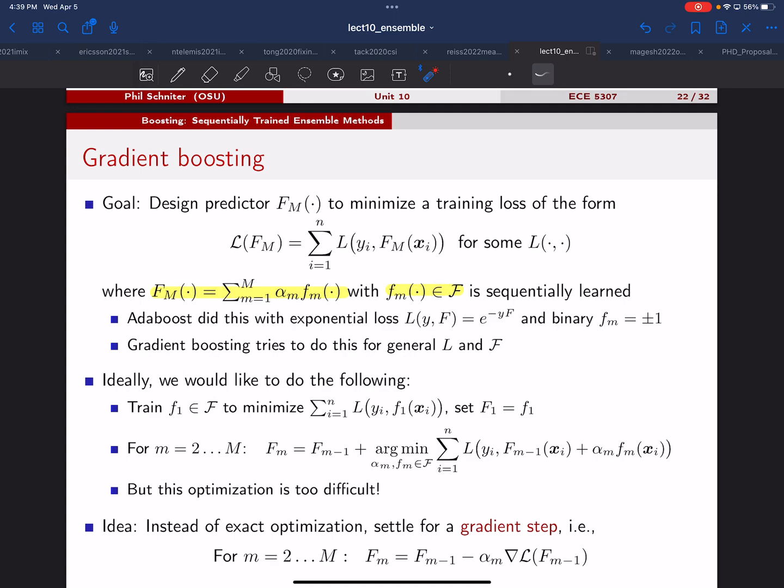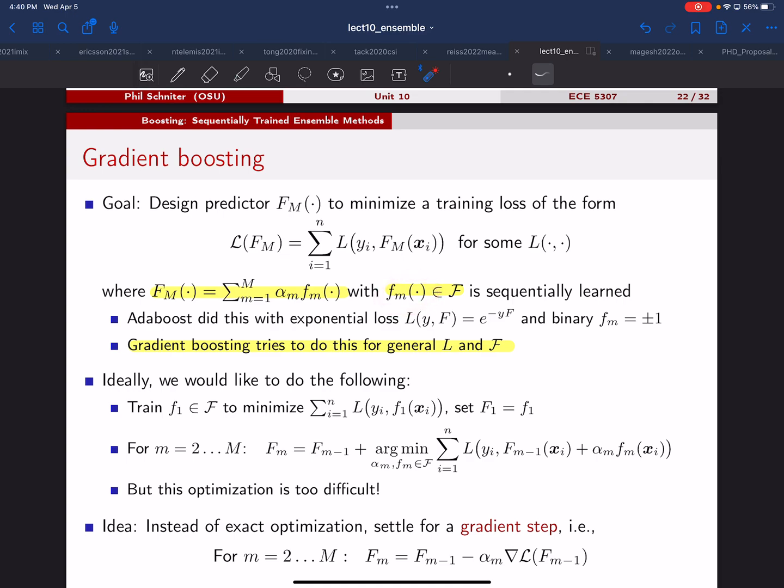When we did this with AdaBoost, we had to use a particular loss, which had this form, and we had to use f_m that ensured plus or minus 1 outputs. Now we want to be a bit more general. We're not going to force this, and we're not going to force the use of this loss. So that's the goal here, to handle general loss and general structures of predictors.